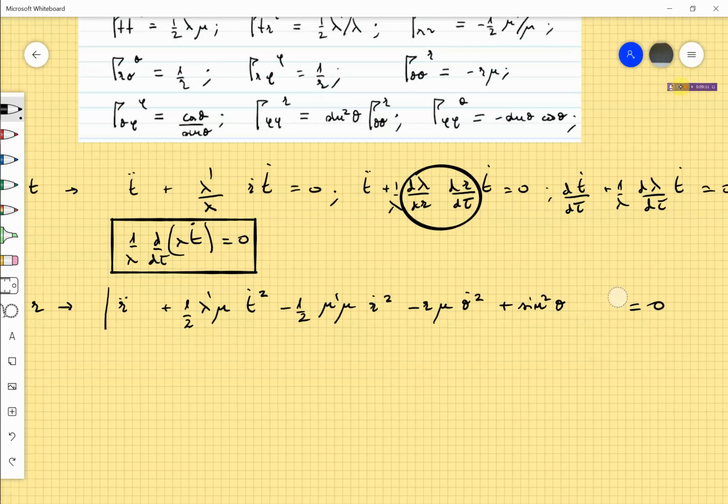Not phi dot alone, because this is sine theta, the value of this, so there is a minus. Really I have to write it in this way, phi dot squared equal to 0.